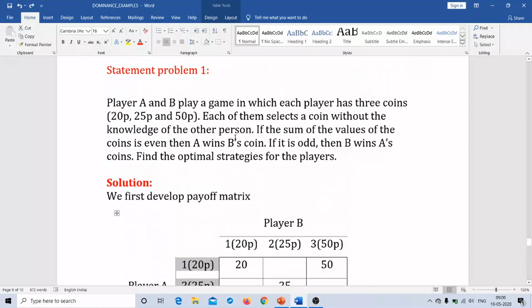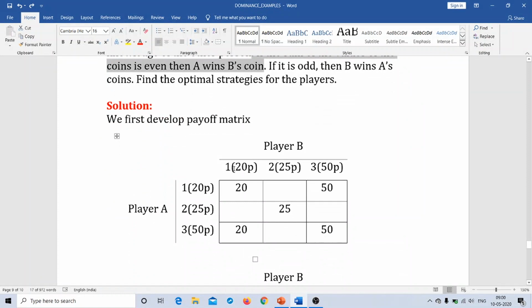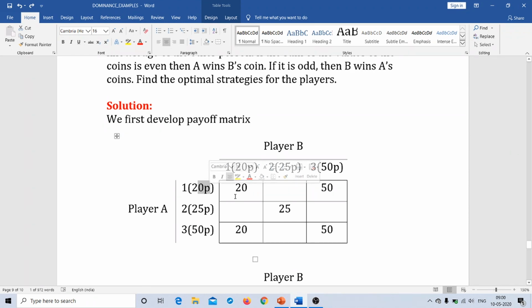Now what it says, if the sum of values of the coins is even, then A wins B's coin. Now look at this. This is 20 paisa and this is 20 paisa, so the sum is 20 plus 20, which is 40. That is even. Similarly, this 20 paisa and this 25 paisa: 20 plus 25 is 45, so this is odd.